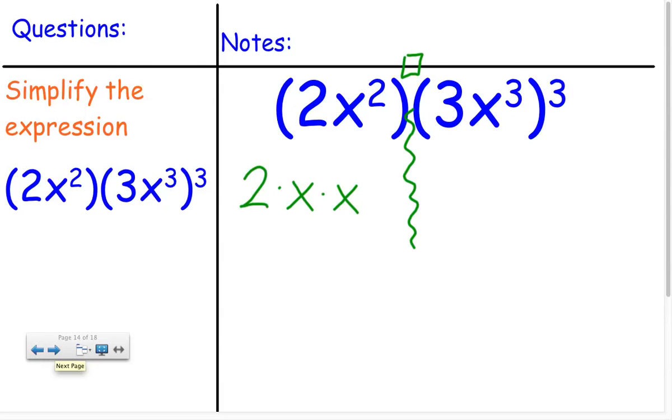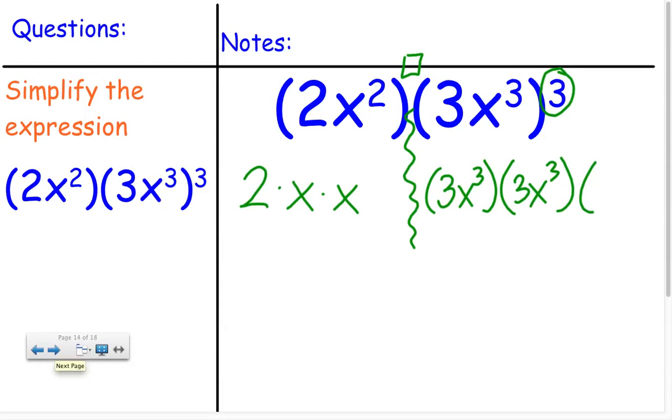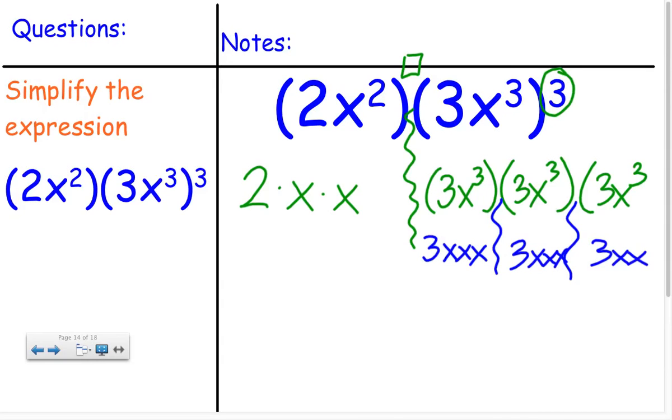Now the part on the right has this 3, so that means my 3x cubed has to be written 3 times: 3x cubed, 3x cubed, 3x cubed. And now I can put my squiggles in between those.